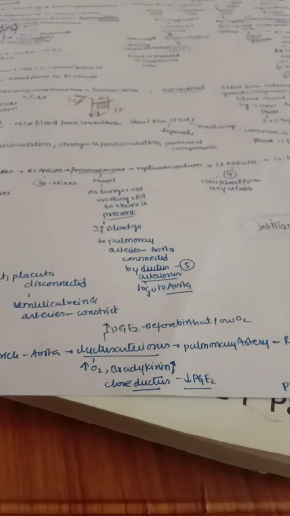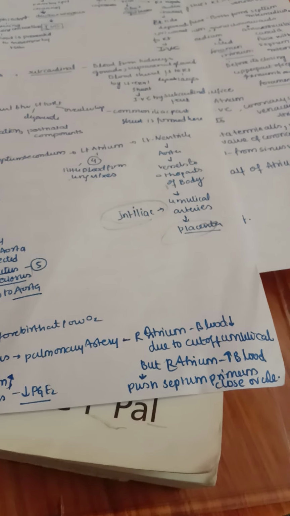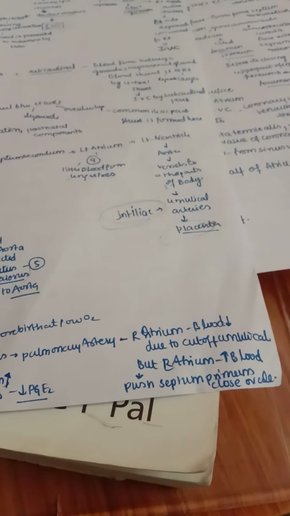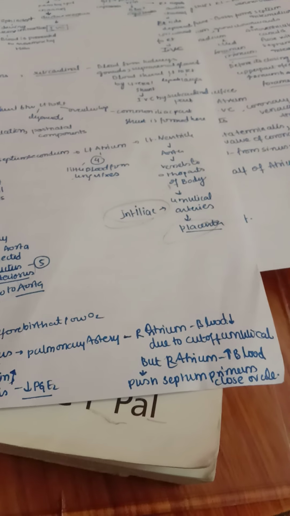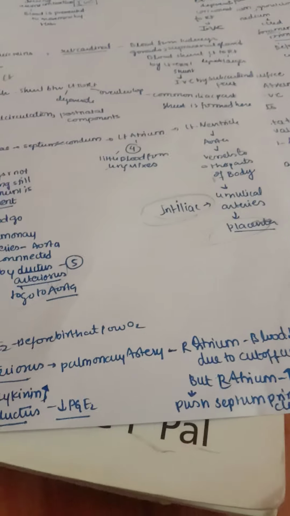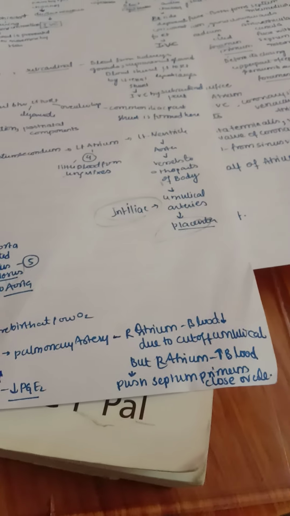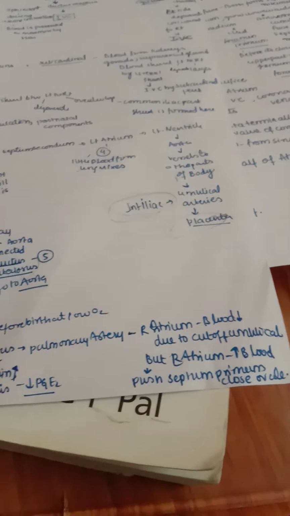So whenever PGE2 is low and bradykinin and oxygen are more, then the ductus arteriosus is closed. So next, it enters the pulmonary artery and right atrium, as blood is low now due to the cutoff of the umbilical. So now the right atrium has high blood pressure, so it pushes the septum primum to close. So actually now blood started shunting from the left atrium to the right atrium and shut the foramen ovale.